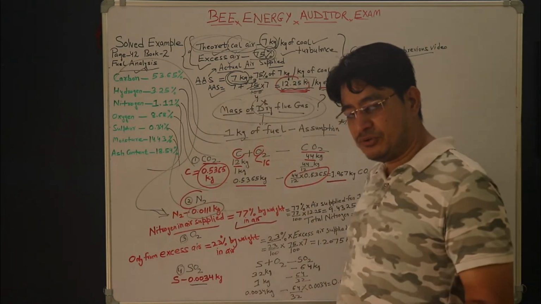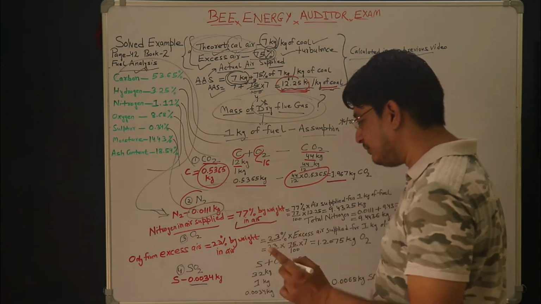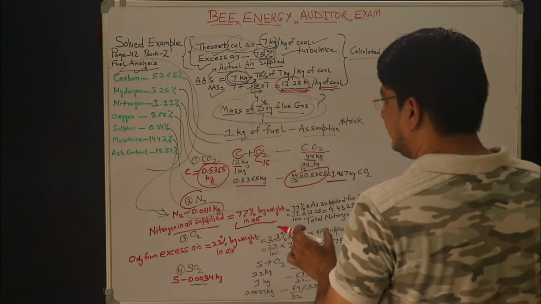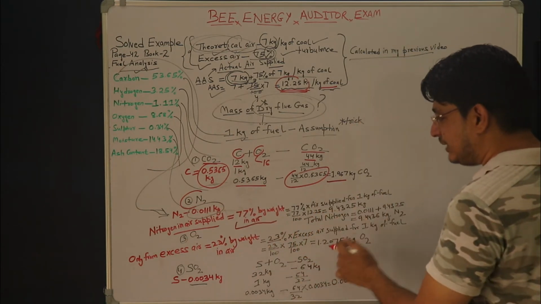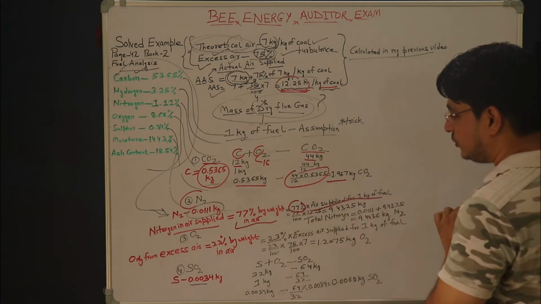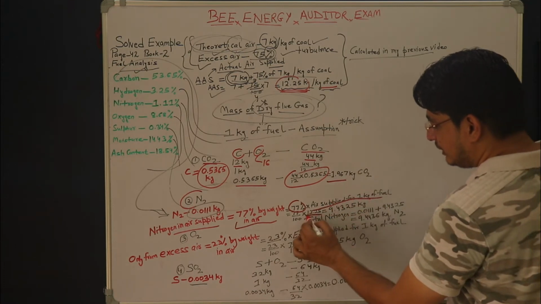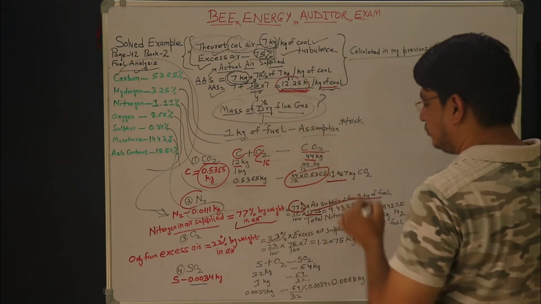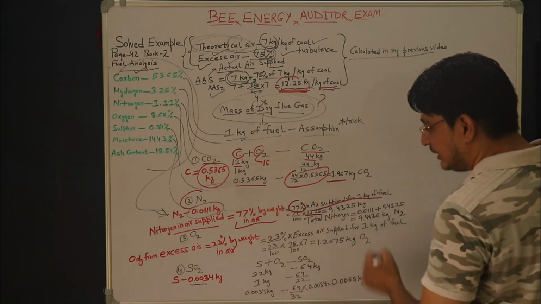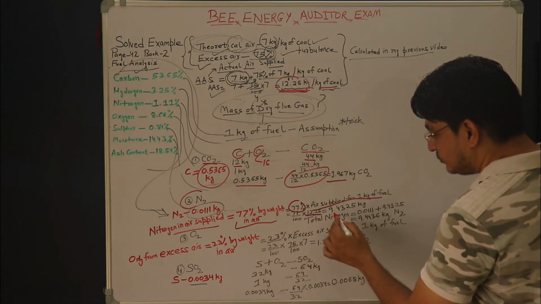The amount of nitrogen in the actual air supplied will be 77% of the air supplied for 1 kg of fuel. The air supplied for 1 kg of fuel is 12.25 kg, as I have already told you. So the nitrogen present will be 77 divided by 100 multiplied by 12.25.